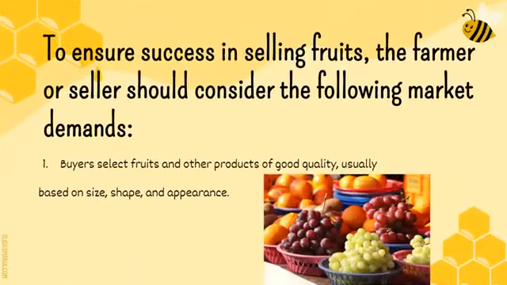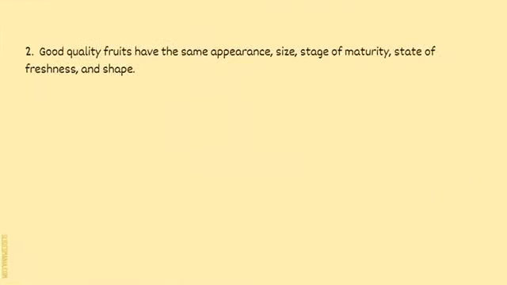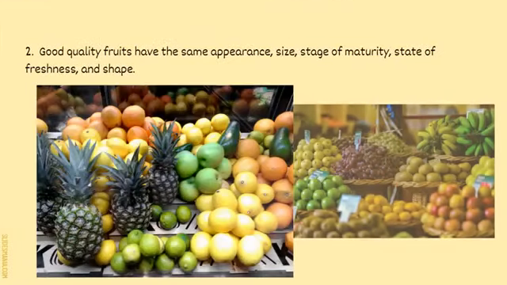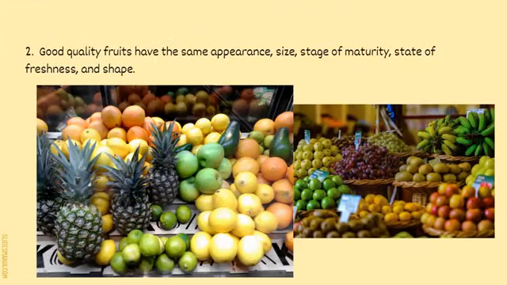To ensure success in selling fruits, the farmer or seller should consider the following market demands. Buyers select fruits and other products of good quality, usually based on size, shape, and appearance. Good quality fruits have the same appearance, size, stage of maturity, stage of freshness, and shape.